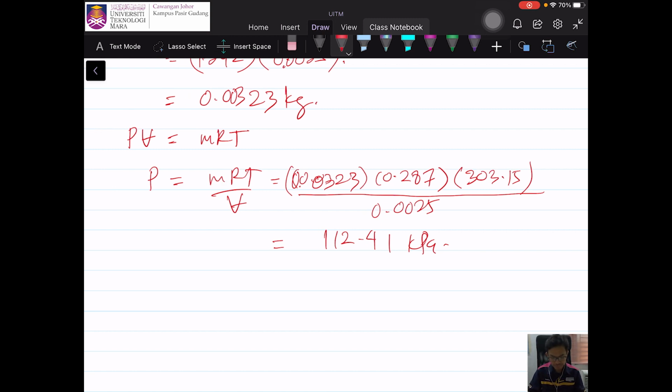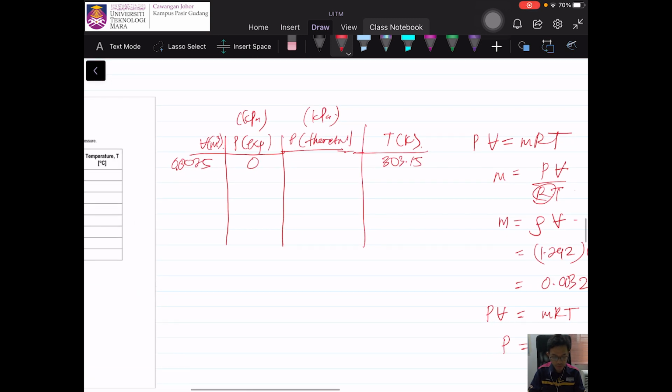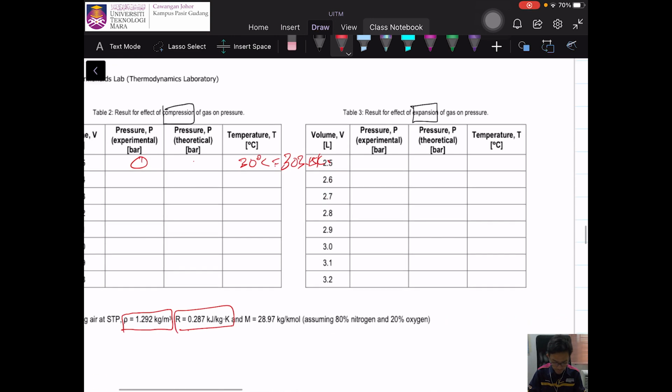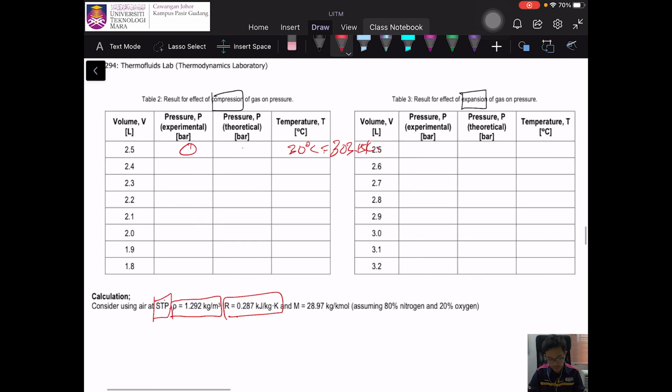The value might be different from the experimental pressure, because this one is 0. We're reading from the pressure gauge, so the pressure will give the gauge value. You need to add the atmospheric pressure to get the absolute pressure. You need to use a standard thermodynamic pressure.